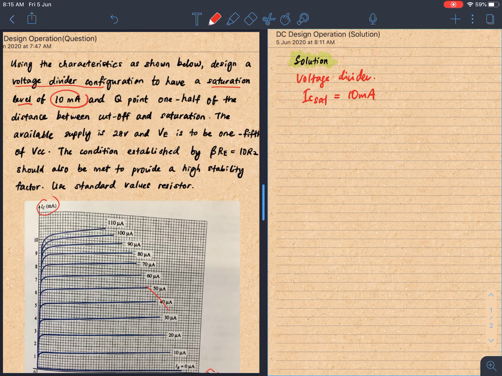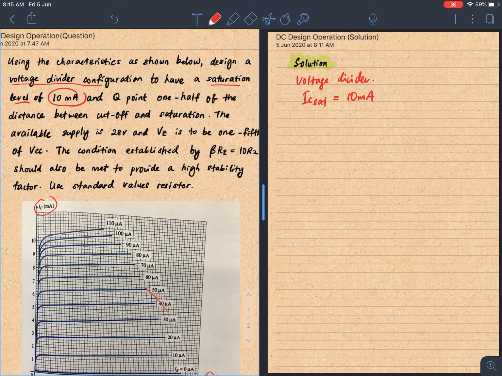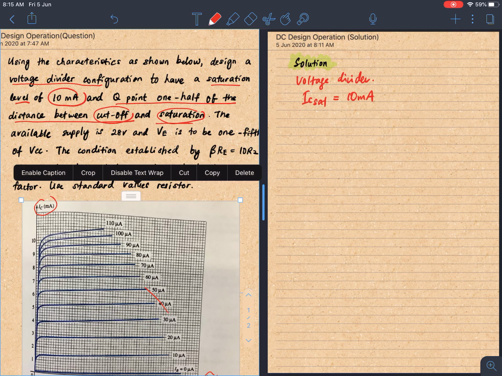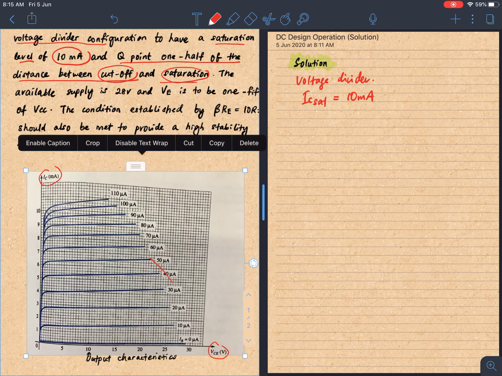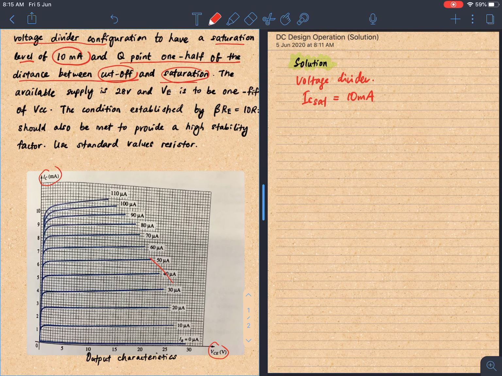And the Q point, okay, this one is a bit tricky. Q point 1/2 of the distance between the cutoff and the saturation means, where is the cutoff? Now the cutoff is at this side. The cutoff here is cutoff, and this is saturation.